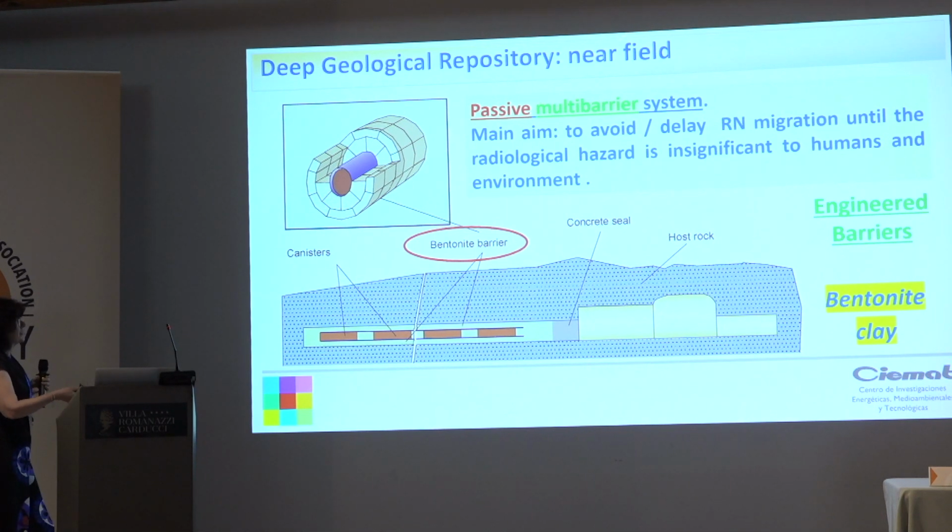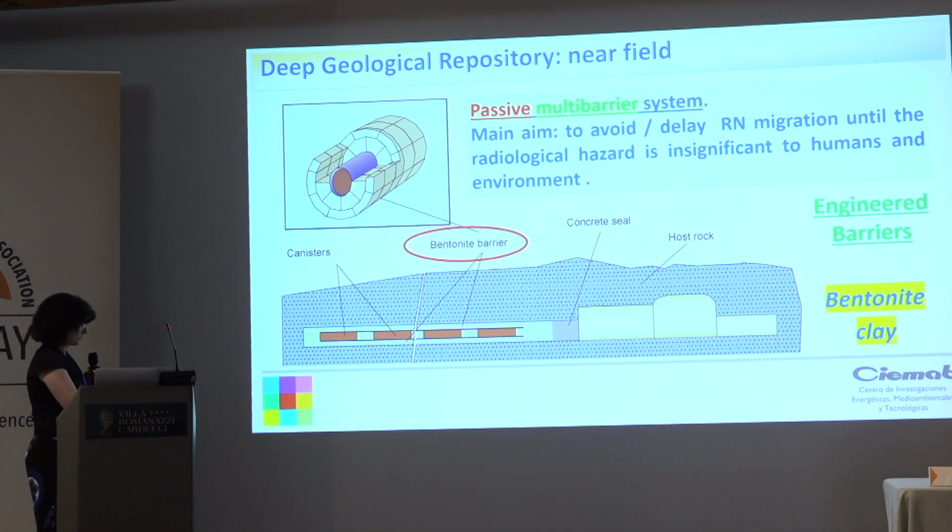The engineered barriers compose the near field, which is basically the waste and the canister, which is normally a metal canister, and, for example in the Spanish concept, bentonite clay compacted at high densities.